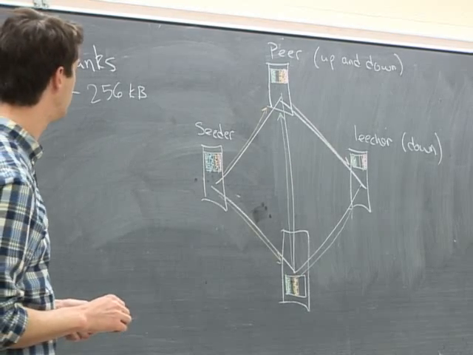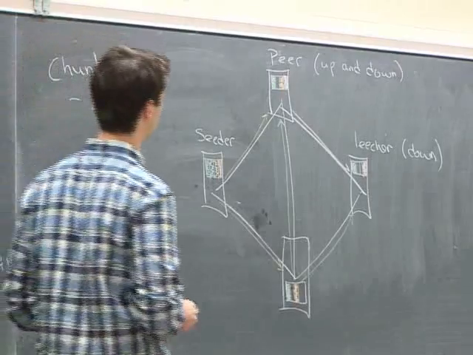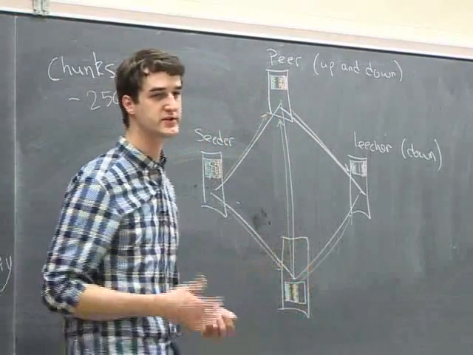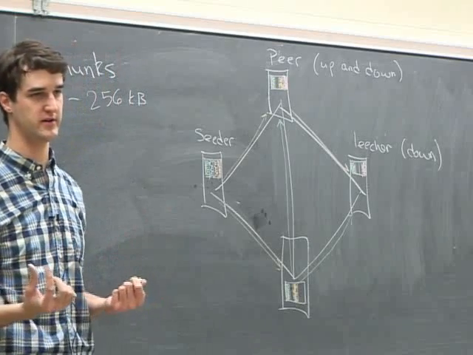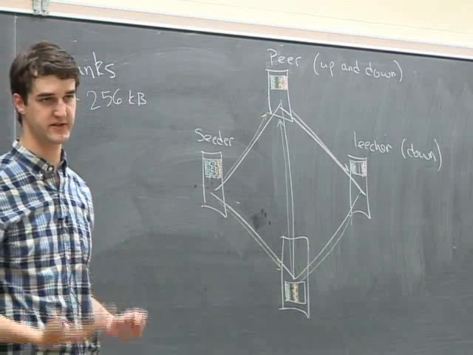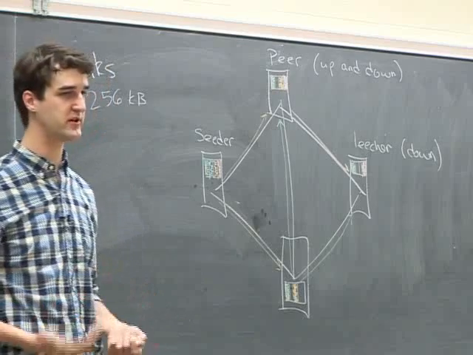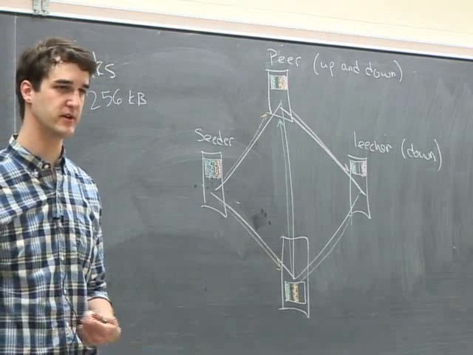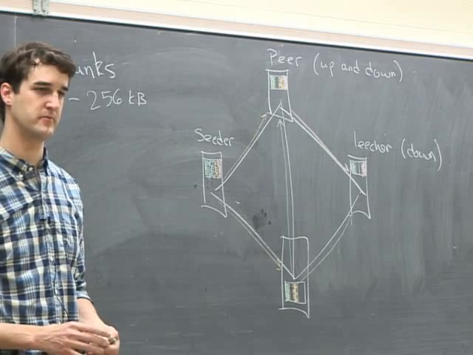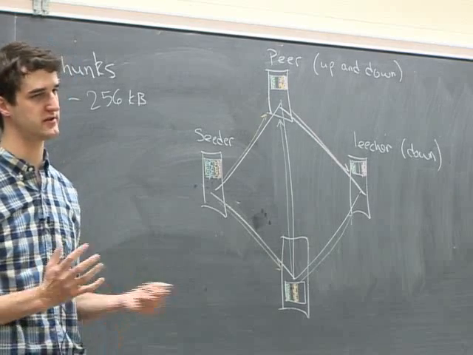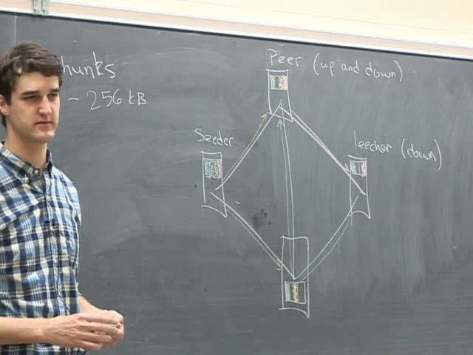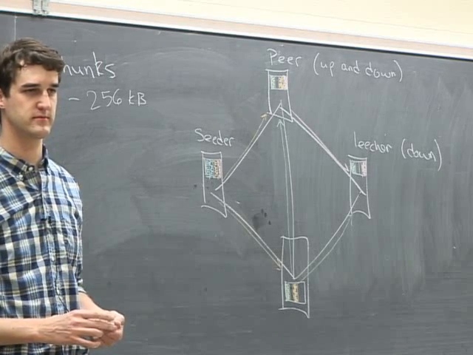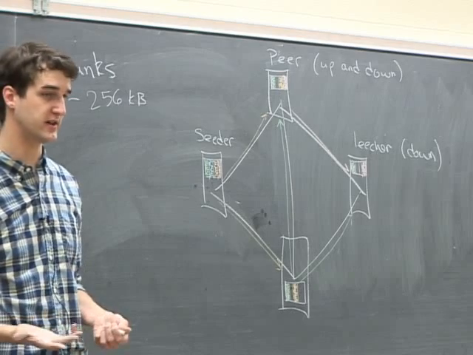So you're saying this peer asks this one for the blue chunk, for instance? They exchange their information about what chunks they have every 10 seconds. So they have a pretty updated list, and they'll only ask for ones that they know the other peer has. So pretty much the leacher has to wait until any of those two peers have the blue chunk. Yeah, exactly.